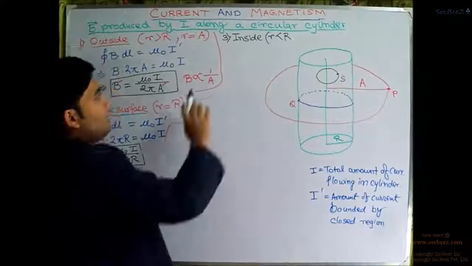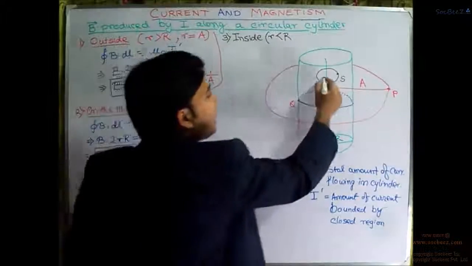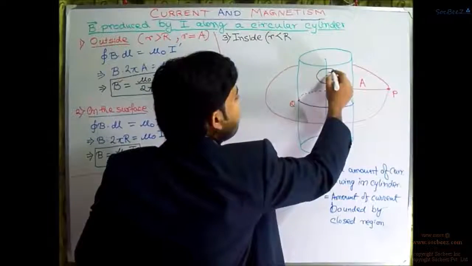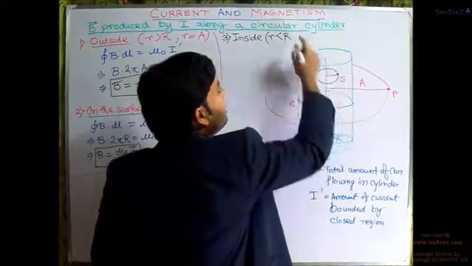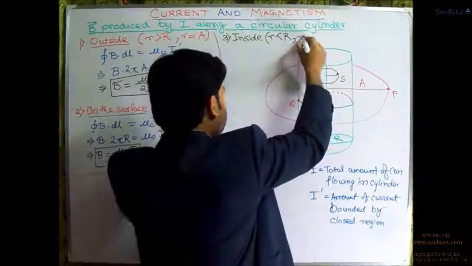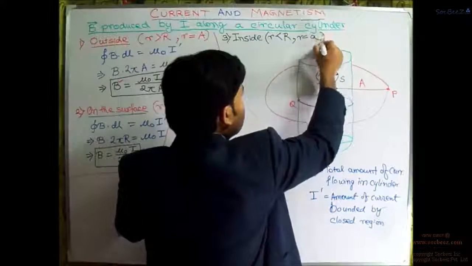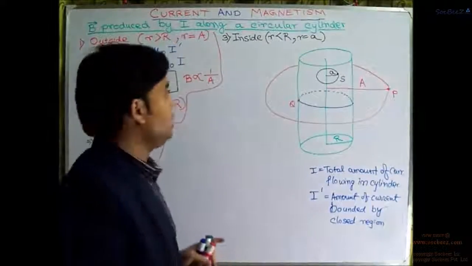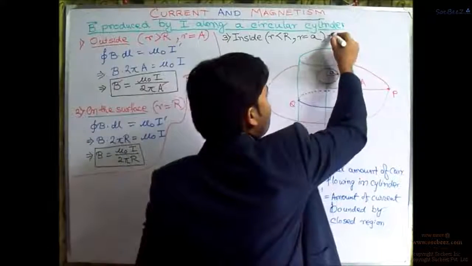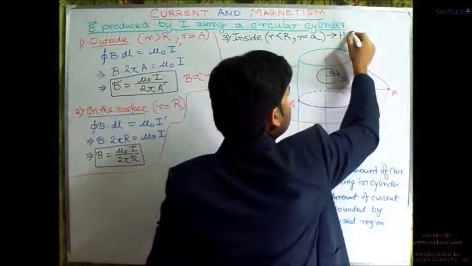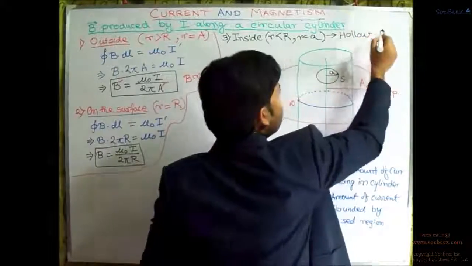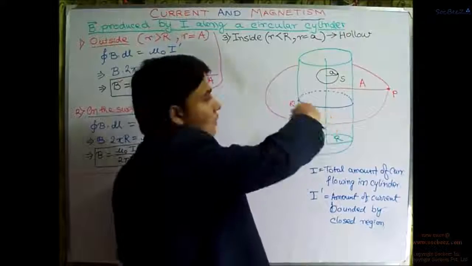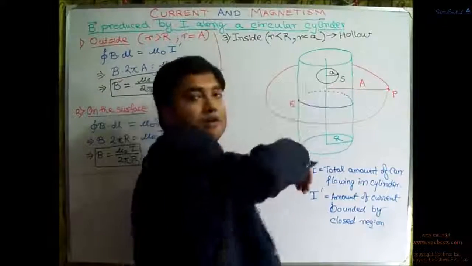Now, this R is less than capital R, as we can see. Say for example, we have taken this R equals to small a, along with the condition that this cylinder is hollow, which means that this cylinder is only made up of a conducting sheet of metal, right?